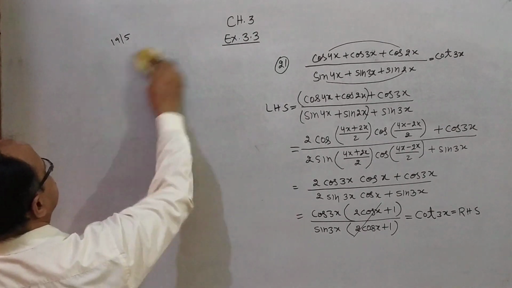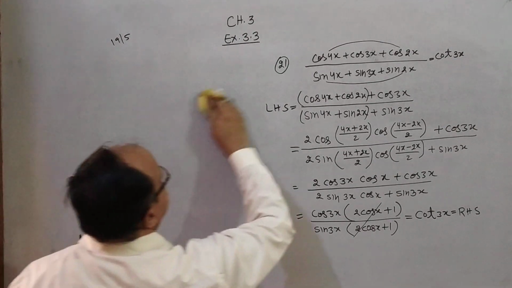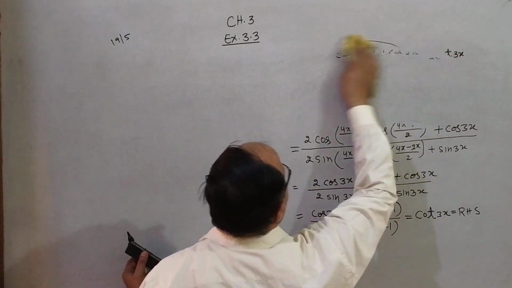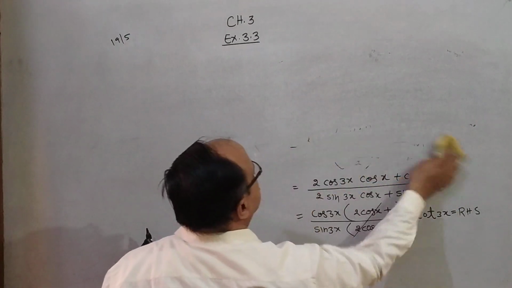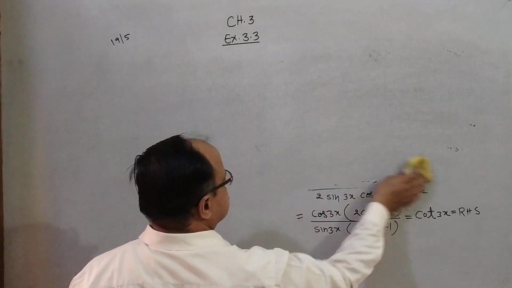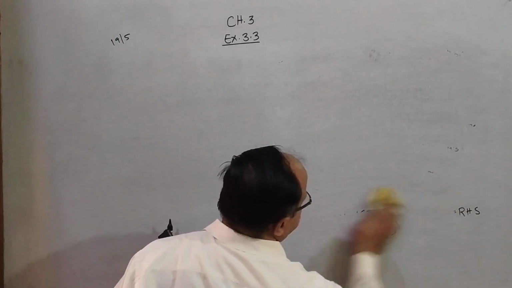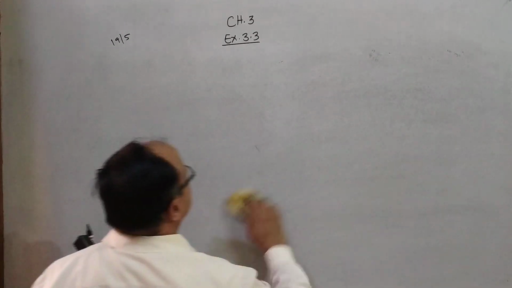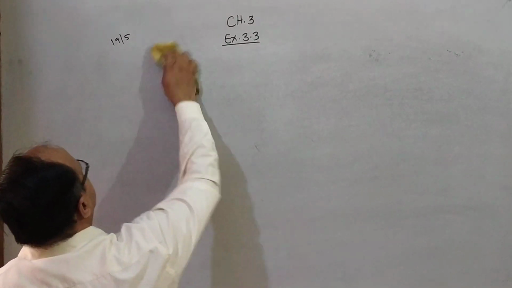Next question 22. Question number 22, very important. Questions 22, 23, 24, 25, all three or four questions at the end, are very important from the examination point of view. Very difficult.